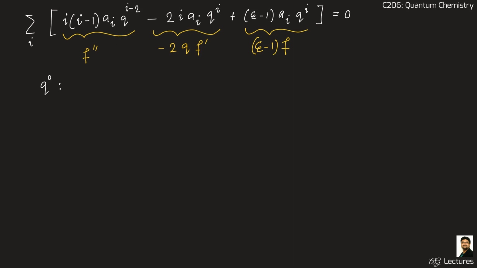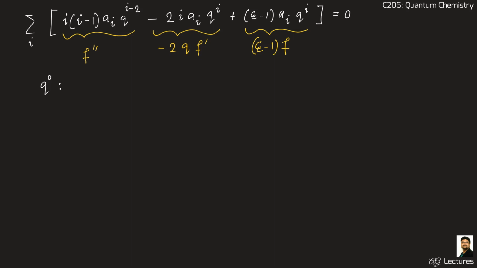Another q to the power 0 will come from here. If i equals 0, it becomes q to the power 0, and this becomes a0, but the i equals 0 term in the first part will not give anything. Here, when i equals 0, this gives q to the power 0 and I have an a0, and therefore I get two parts for the coefficient of q to the power 0.